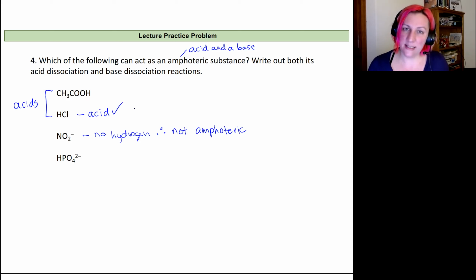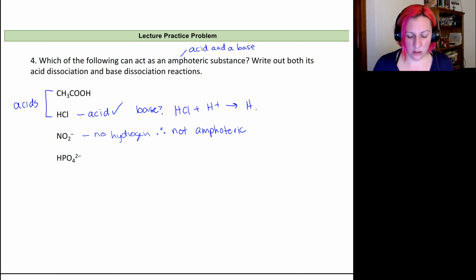But then let's think about it as a base. If it was a base, then HCl would have to gain a proton and form H2Cl plus, which is possible. It's less likely.